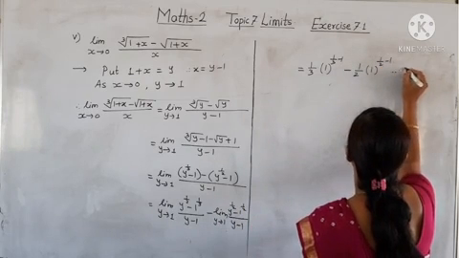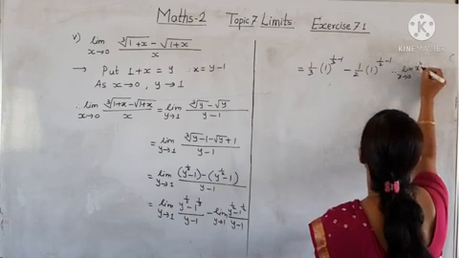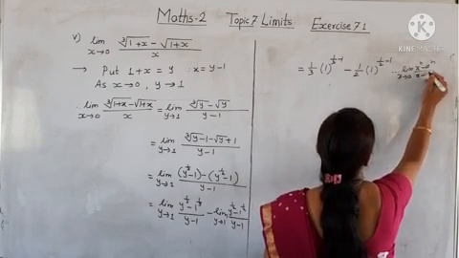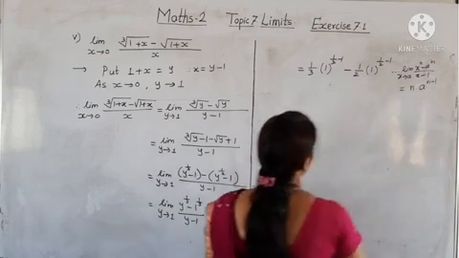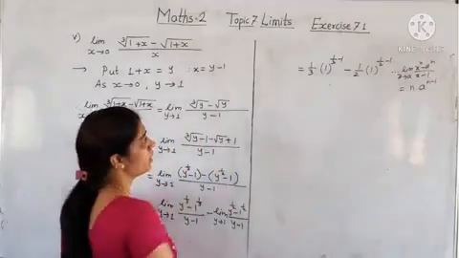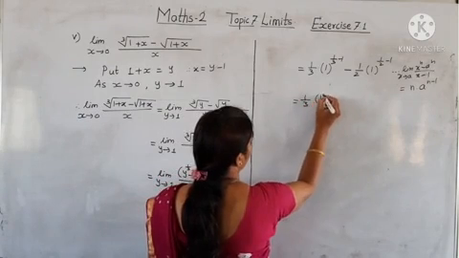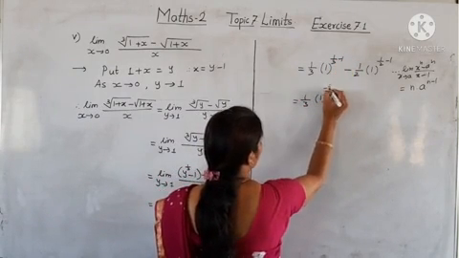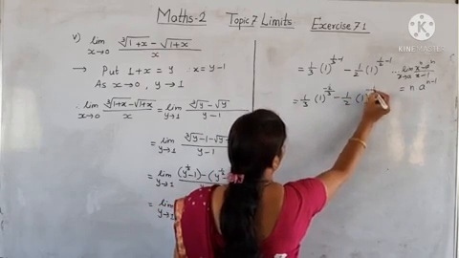Here we use the formula limit x tends to a, x raised to n minus a raised to n upon x minus a is equal to n into a raised to n minus 1. Okay, understand? So here it becomes 1 upon 3 into 1 raised to minus 2 upon 3, minus 1 upon 2 into 1 raised to minus 1 upon 2.